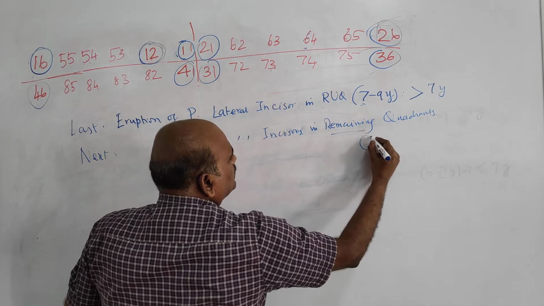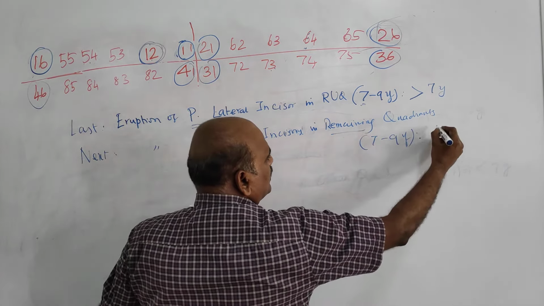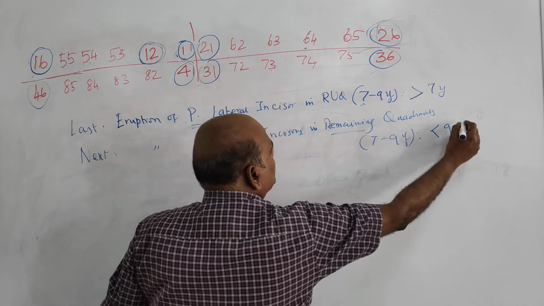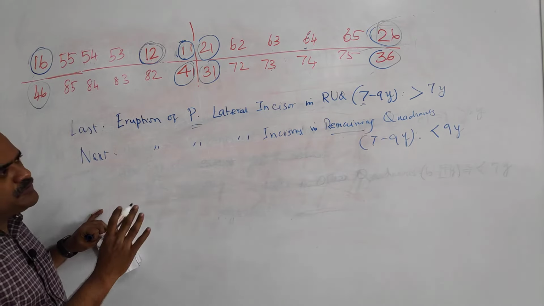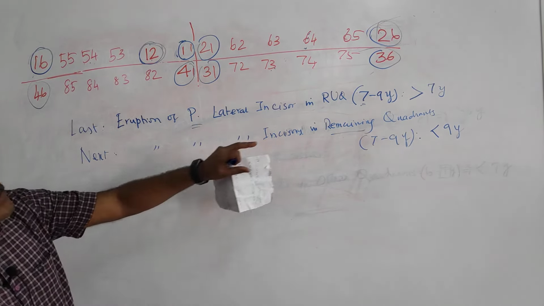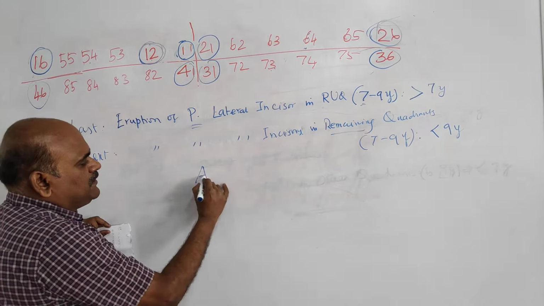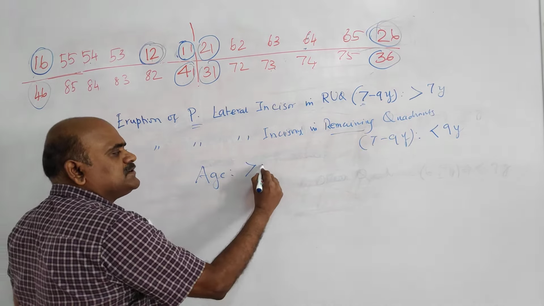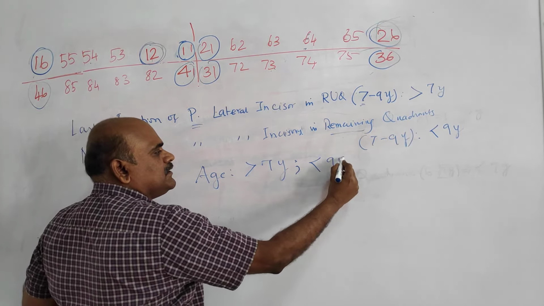Again, put in brackets the normal age of eruption, 7 to 9 years. Since it has not erupted, the age is less than 9 years. So what is the age now? Based on the inference, age is more than 7 years, less than 9 years.